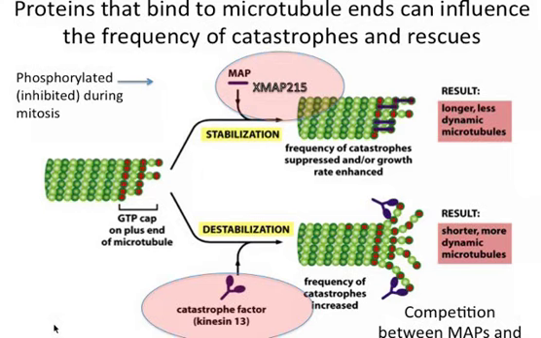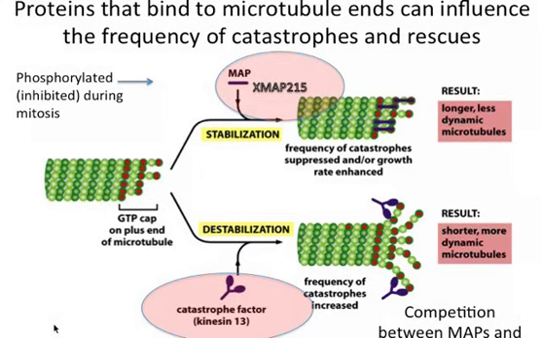The catastrophe factor is a protein that associates with a microtubule. Is it not a MAP? It is. It would be under the category of MAPs. So that's where I warn you about using MAP to describe anything.